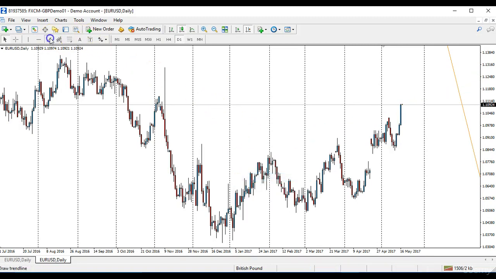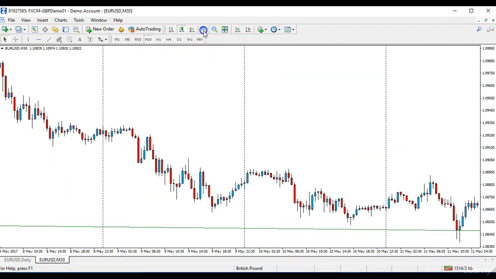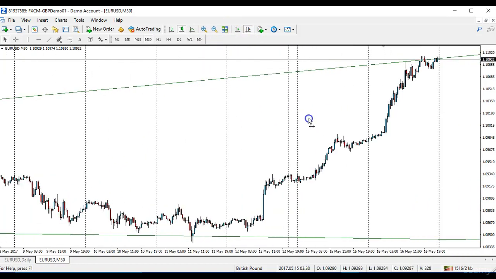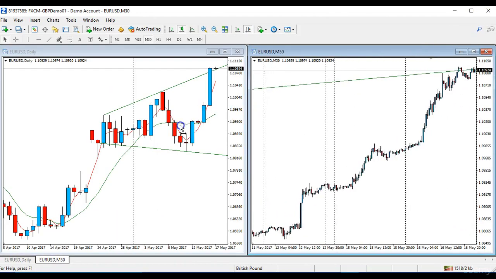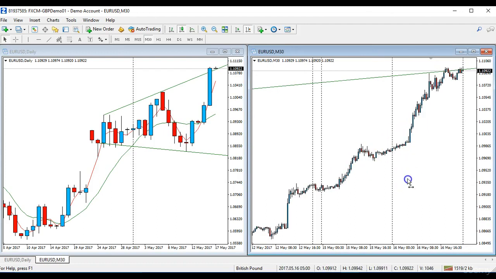I'll just do this one here. Okay, if I go back down to the 30-minute chart, so on the 30-minute chart, we would be looking for opportunities to get into this move.